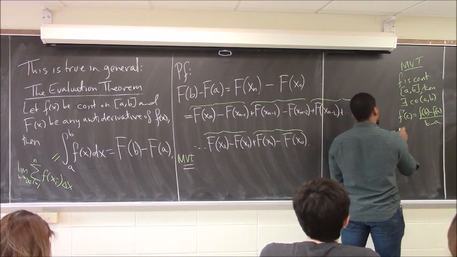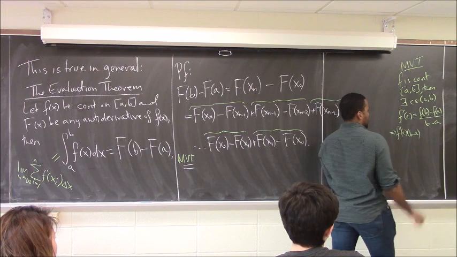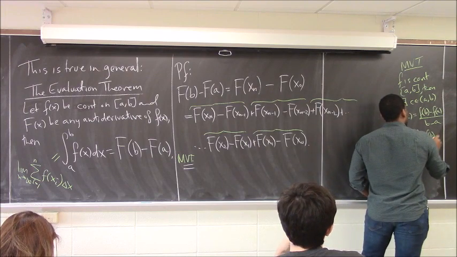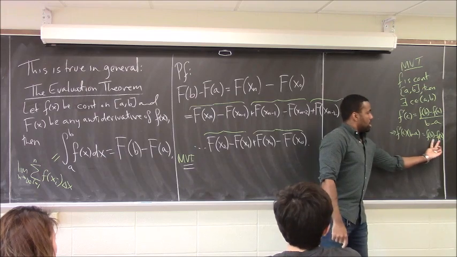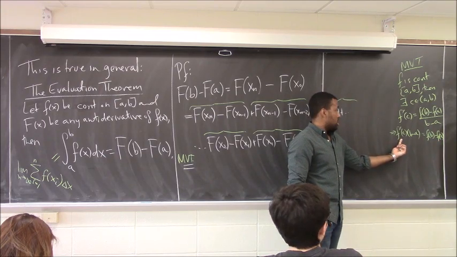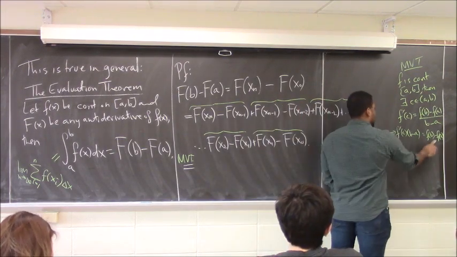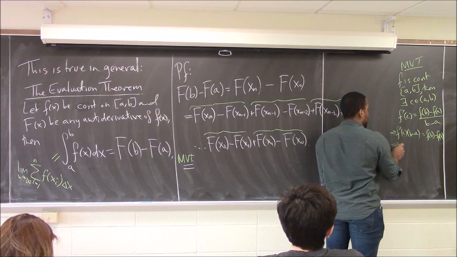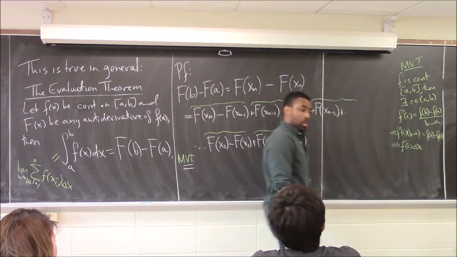Another way we wrote this down, at least the first time we looked at it, was this. We could look at the difference of f values on an interval as the derivative evaluated at some point in that interval times the length of that interval. So this means I can think of this difference as this guy, and we already even have notation for this. This is what we call delta x.